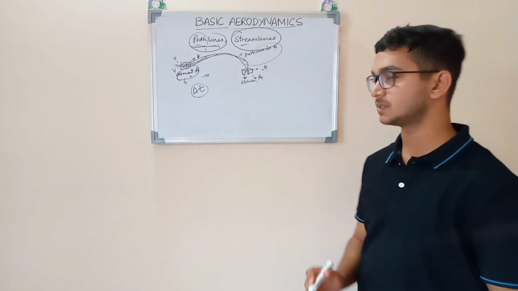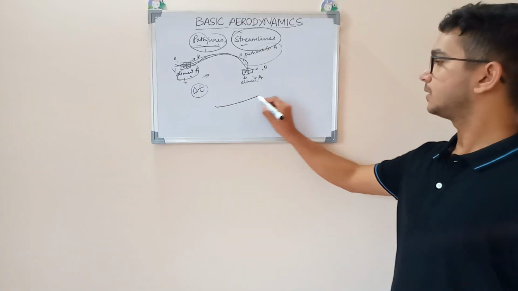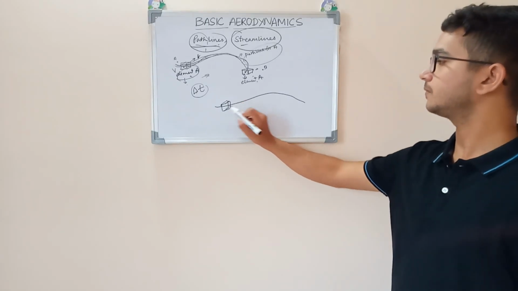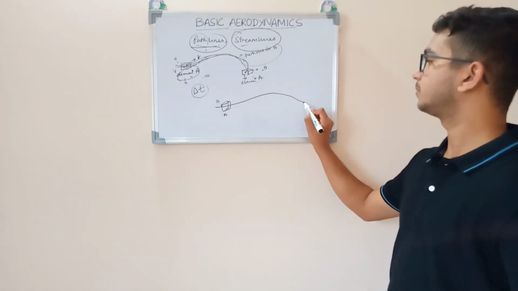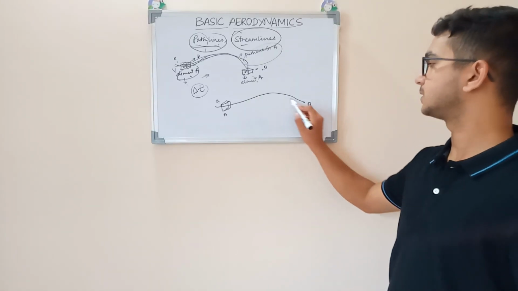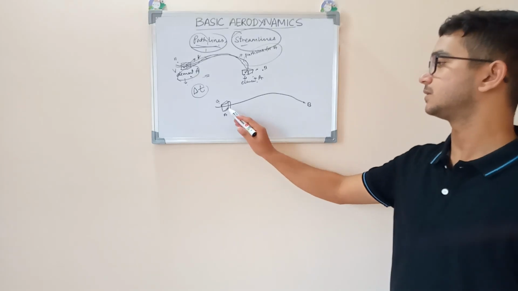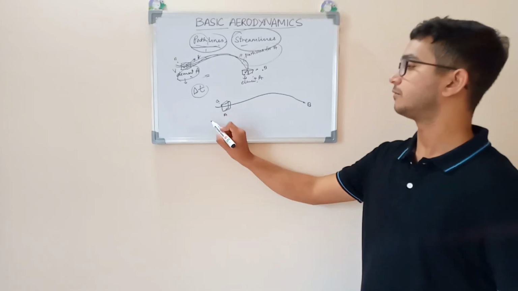Streamlines are also the same thing, but the difference is, let's say my body A, the same body, is moving from point A to point B. So this is the path. Usually in path lines, it is the path that the element A travels in an interval of time.